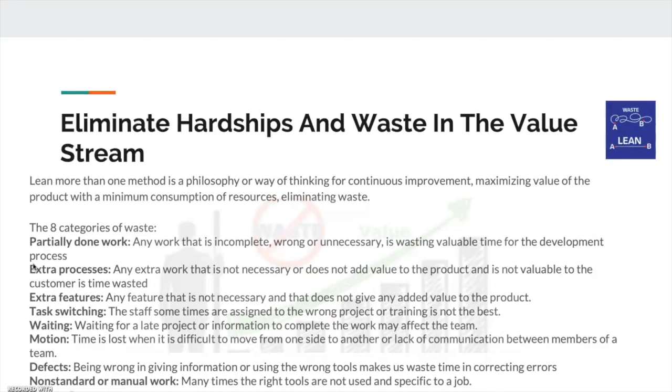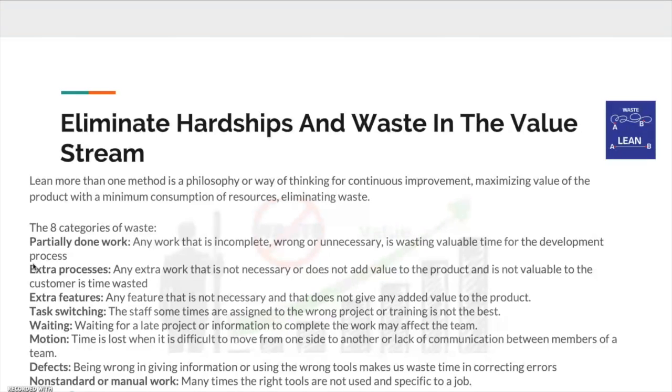Number one is partially done work. Any work that is incomplete, wrong or unnecessary is wasting valuable time for the development process. Extra process. Any extra work that is not necessary or doesn't add any value to the product and has no value for the customer is a waste of time. Extra features.